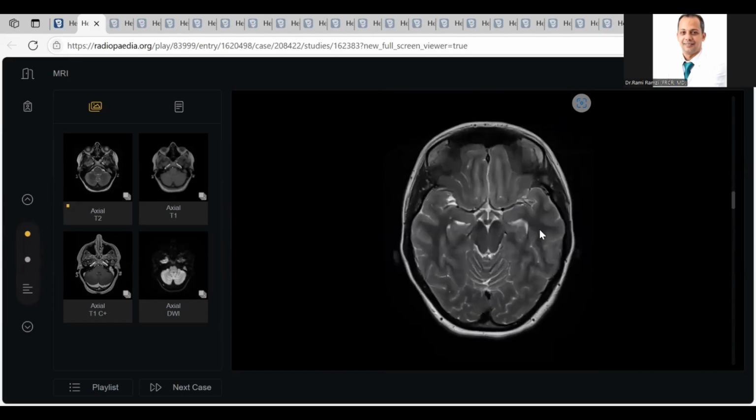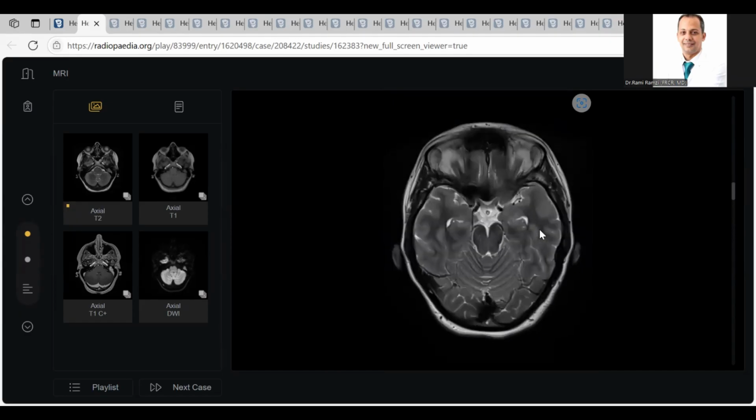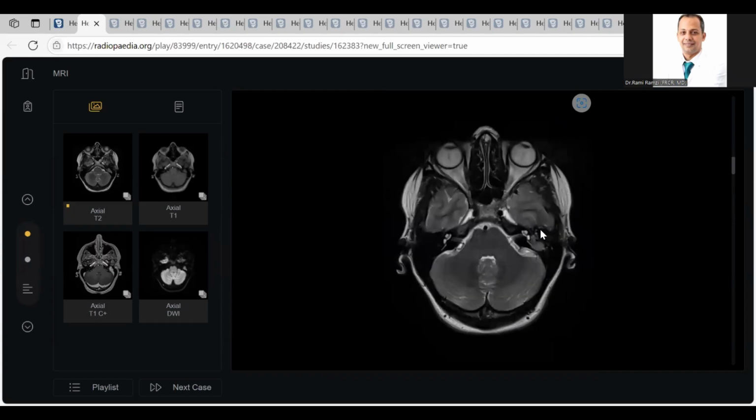You are really brilliant, especially in the first case. Let's see this case. See here, this is a lesion, and this is the cochlea. This is the seventh and the eighth cranial nerve, and this is a solid mass lesion within the middle ear cavity.